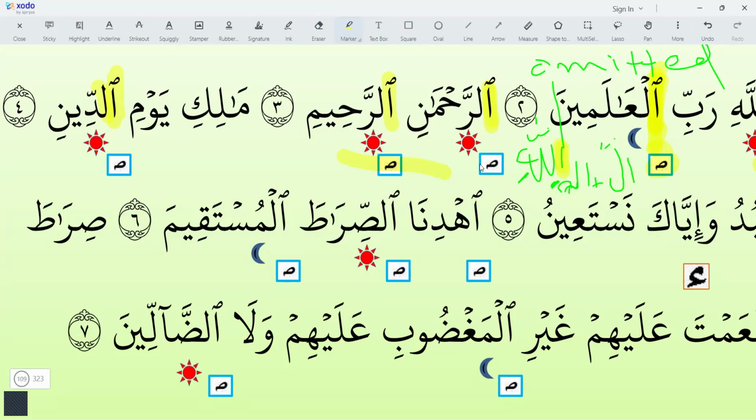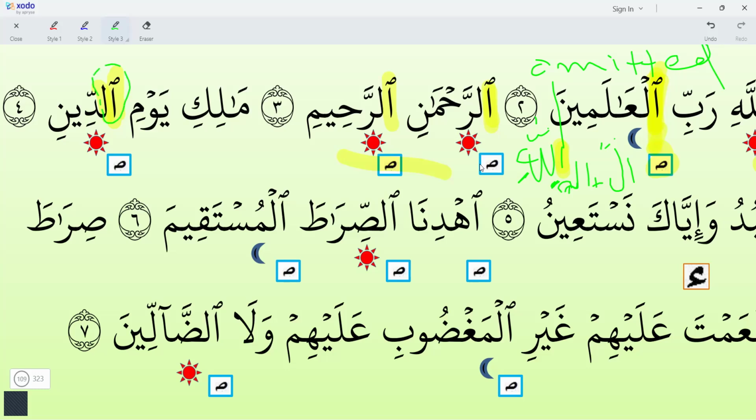So in the Huruf Shamsiyya, we don't pronounce alif and lam. You look here, this alif and lam, we are not pronouncing because there is a word before this. Yawmiddin.